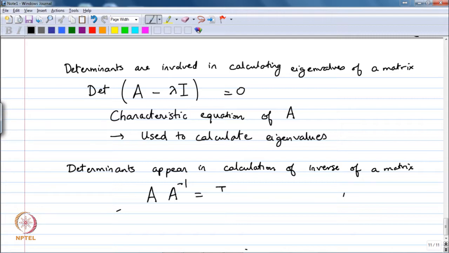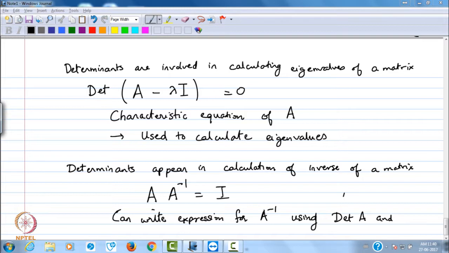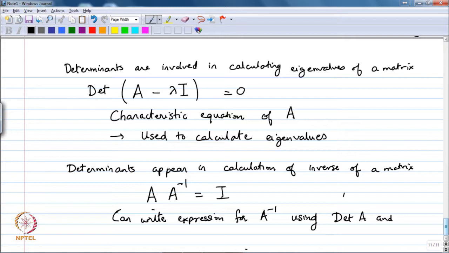It turns out that you can write an expression for A inverse using the determinant of A and determinants of various matrices which are obtained from A. So this is the next use of determinants.